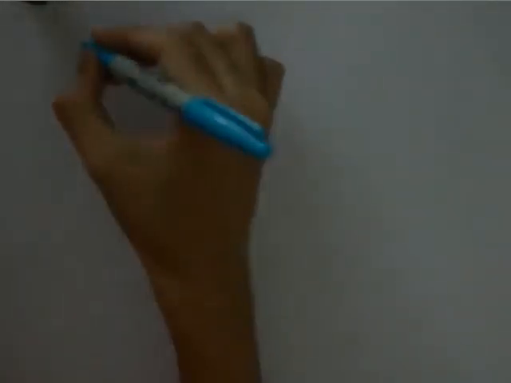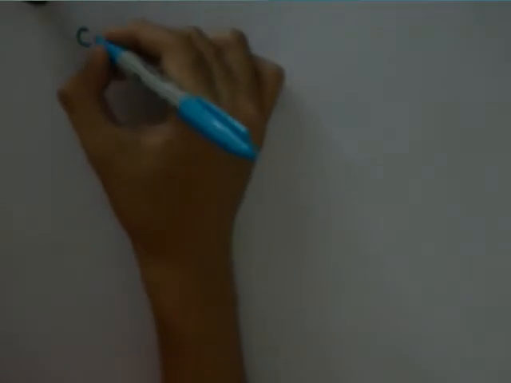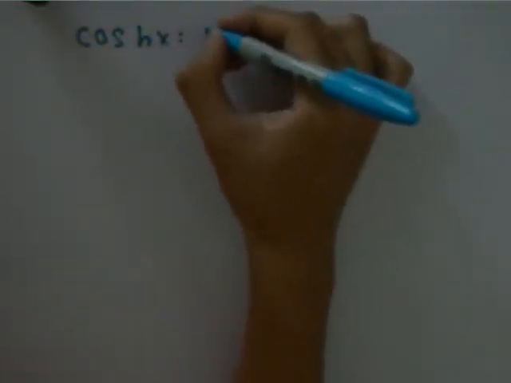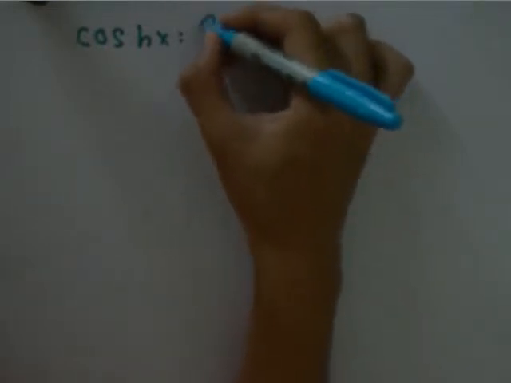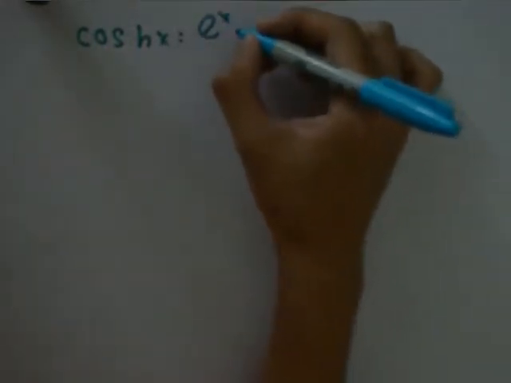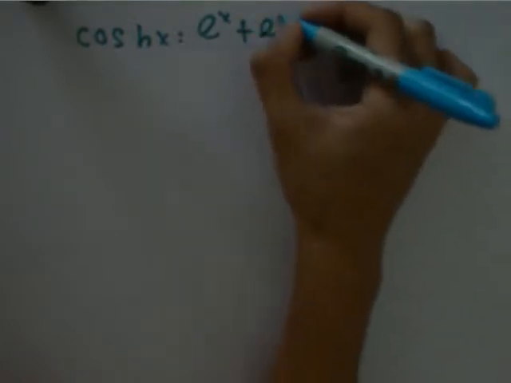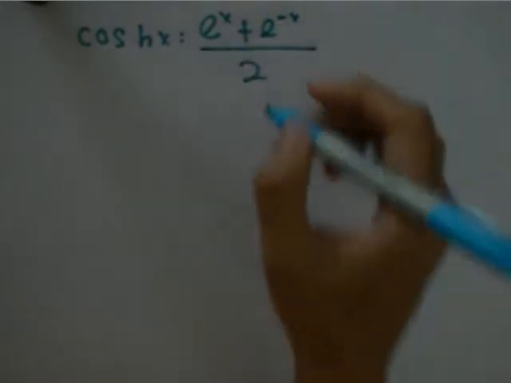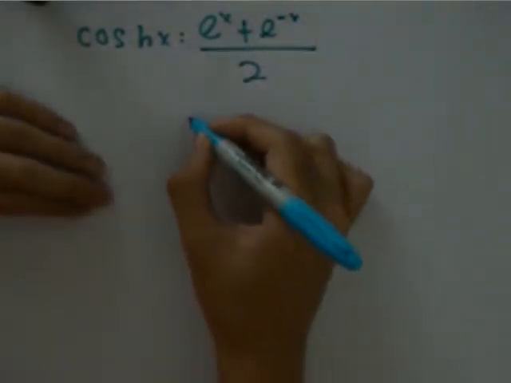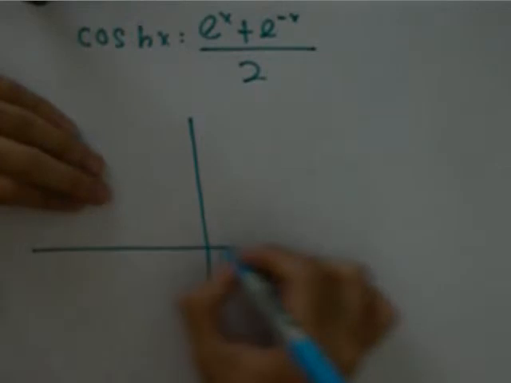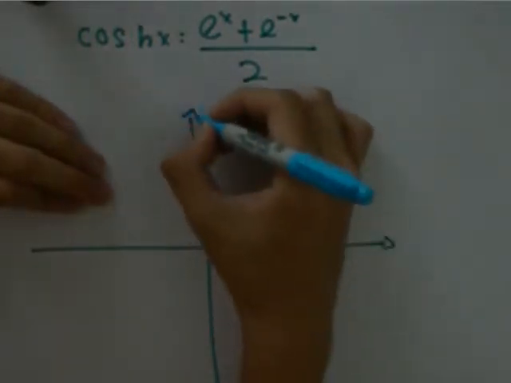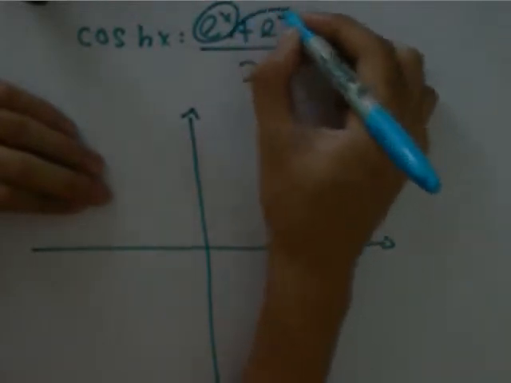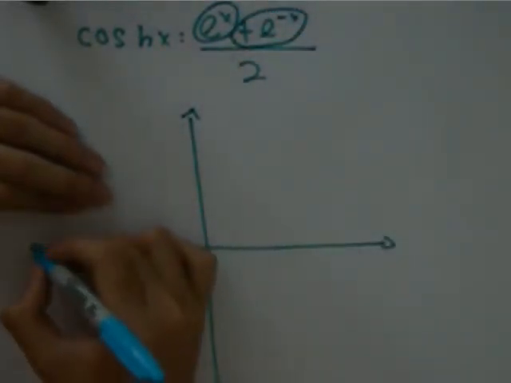So let's move on to our next graph, which is cosine hyperbolic x. The formula for cosine hyperbolic x is e to the power of x plus e to the power of negative x, divided by 2. So from this we can see that the two exponential curves we get from the function are e to the power of x and e to the power of negative x.